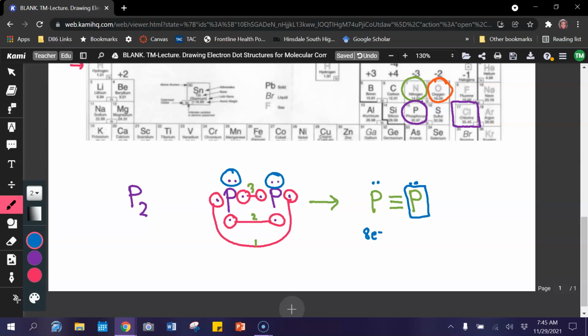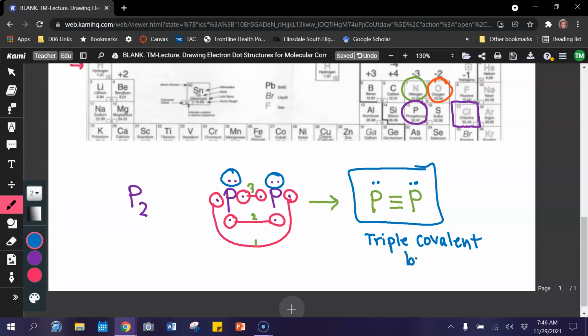And if I look at the phosphorus on the right, I've got the same thing. 2, 4, 6 electrons in the dashes, plus 2 more at the top also gives me 8 electrons around that phosphorus. And this is your final drawing for P2. This is called a triple covalent bond.